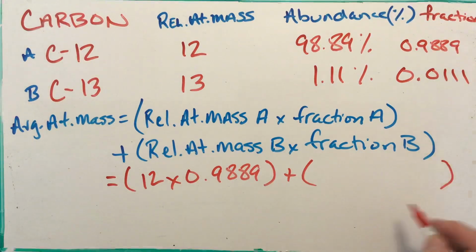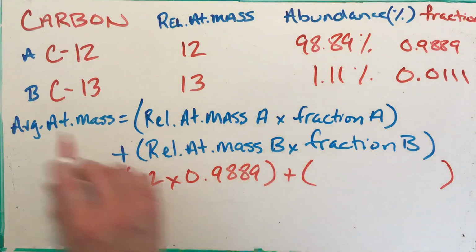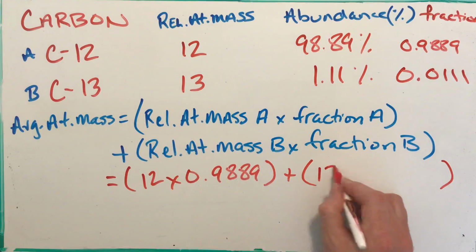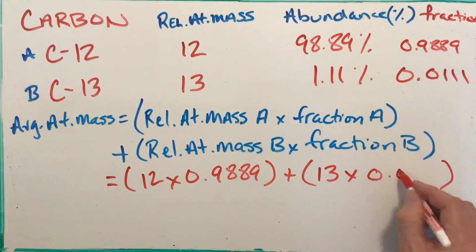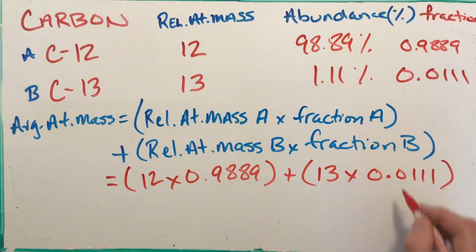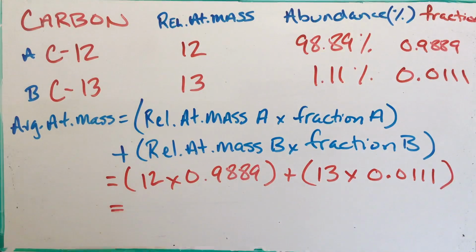So I'll put my second bracket here. The relative atomic mass of form B, that's carbon 13, times the fraction, which is 0.011. And then I'm going to solve for each bracket.